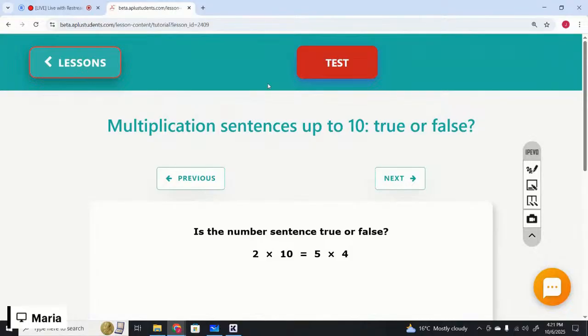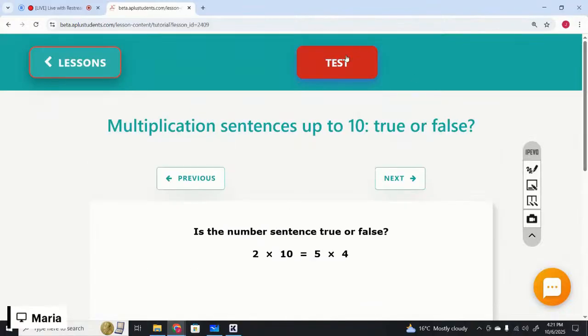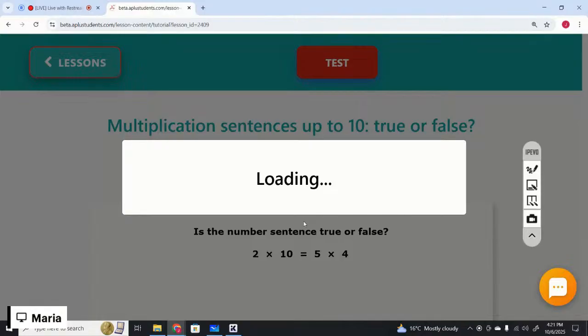Basically, you need to solve both sides to see if both sides are exactly equal, then that means it is true. So 2 times 10 is 20 and 5 times 4 is also 20. So both sides are exactly equal. That means the sentence is true. Got it? Now let's just start with the test questions.